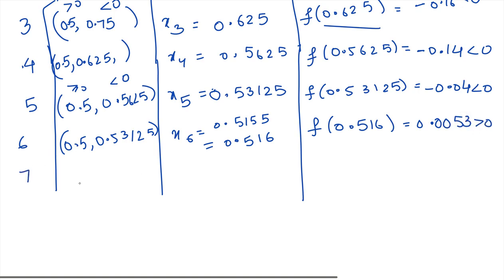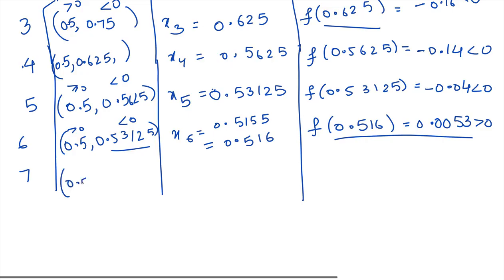Okay, now 7th step. So this was greater than 0, this is less than 0. Now if we have something greater than 0, we'll definitely include this, but since this is giving greater than 0, we will take the less than 0 value from our previous interval. So in the previous interval, this was giving us less than 0, right? So we'll include that and this.